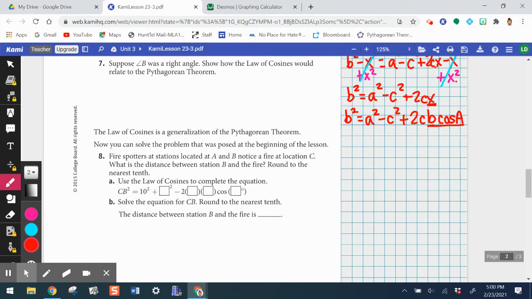We're going to add c squared to both sides. We're going to do the opposite of adding 2 times c times b times the cosine of a. We're going to subtract all of that, as crazy as that is.